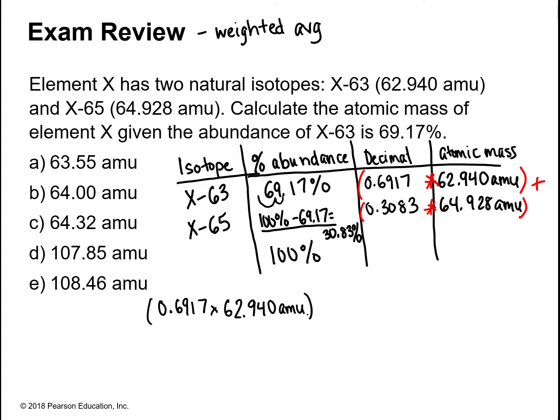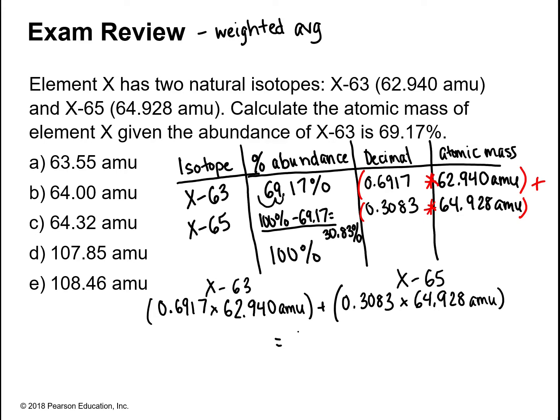So that first part is the contribution from X63. Now the second part, that's the contribution from the second isotope X65.